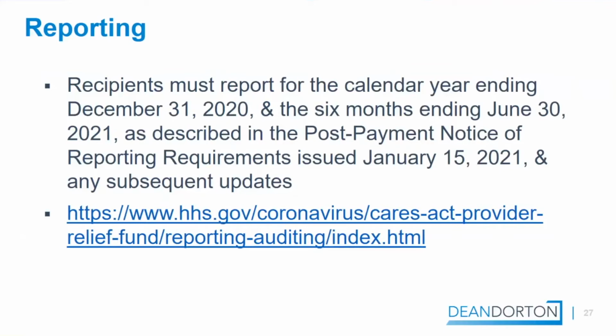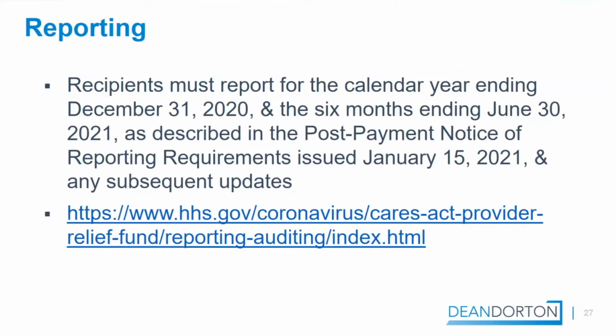Please monitor our thought leadership that we put out, and we'll notify you when that is released. There's a link on this slide that takes you to the reporting and auditing webpage of the provider relief funds within HHS. Then there's going to be another reporting requirement. Any unspent funds you have as of December 31st, you have until June 30, 2021 to use them.